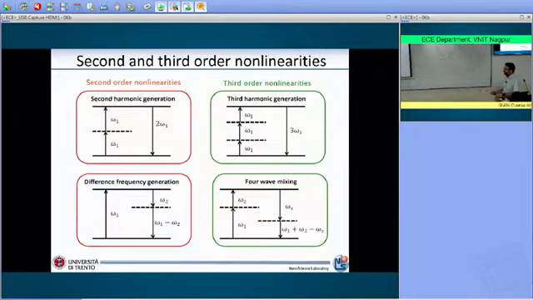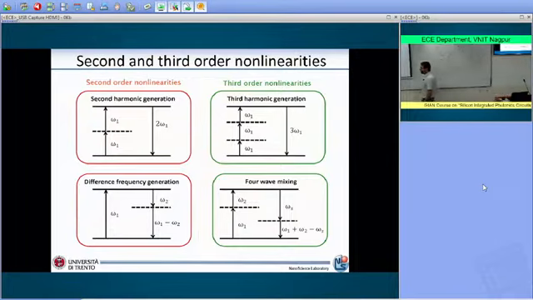Or you may have what is called difference frequency generation. This is a very important process because it is used in order to make single photon sources. In this process, one photon of high energy annihilates, giving two photons whose energies sum to that of the photon that annihilated.